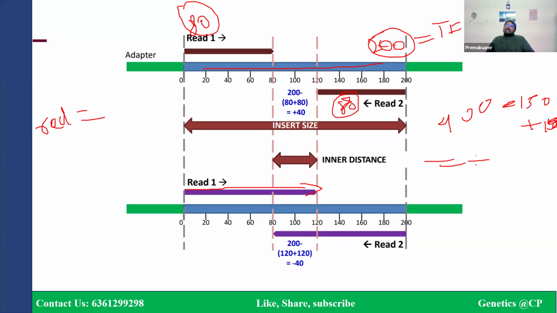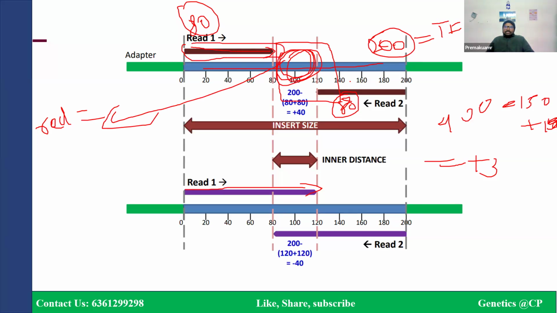If you are getting a positive value, it means there is a gap. This portion of the fragment will not be sequenced because only the reads are going to be sequenced. This is during amplification. Up to here it will be sequenced, up to here it will be sequenced. But who will sequence this middle portion?